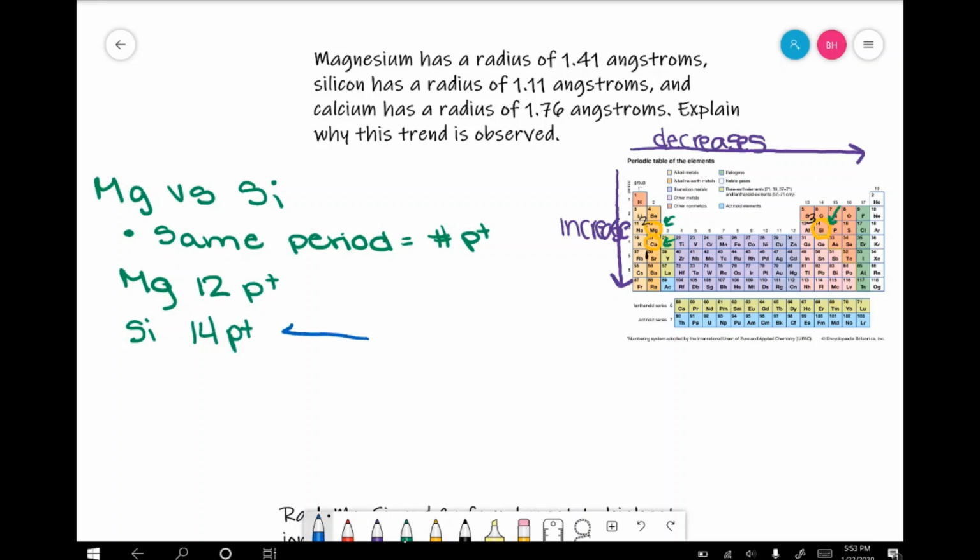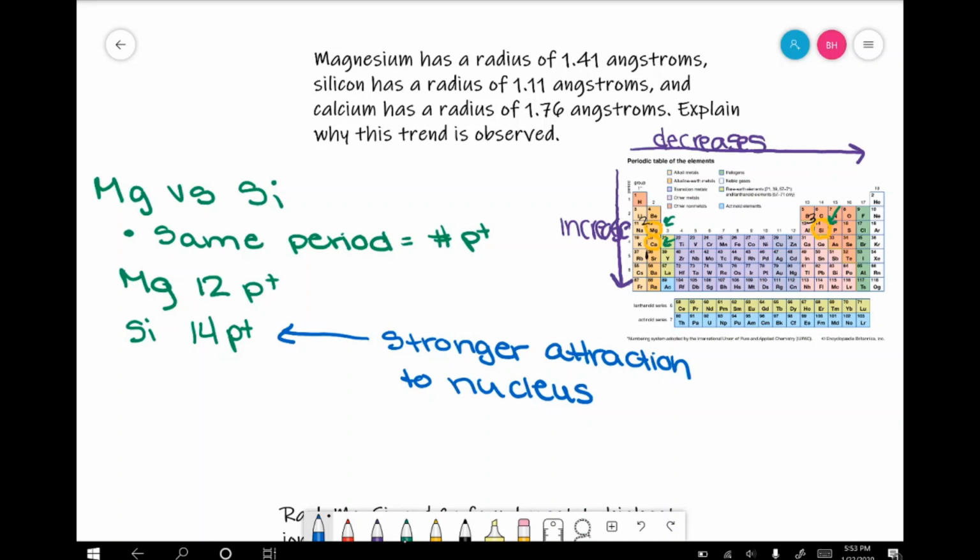Well, the more protons you have, the stronger the attraction to the nucleus. So what's going to end up happening is that those electrons, which are all in the same period, so they are not that far away from each other, the one with more protons is going to be holding those electrons a little bit closer.